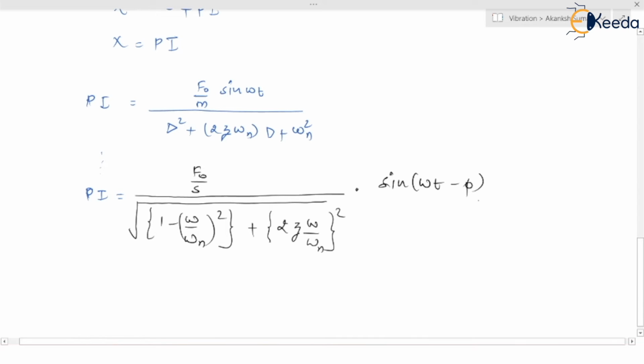This is the solution of the forced damped equation.